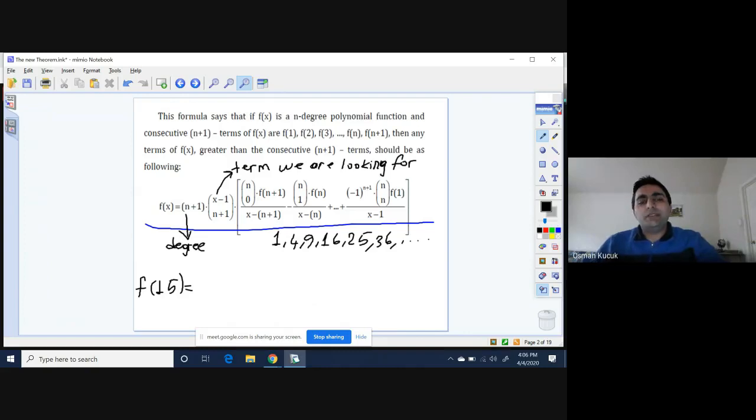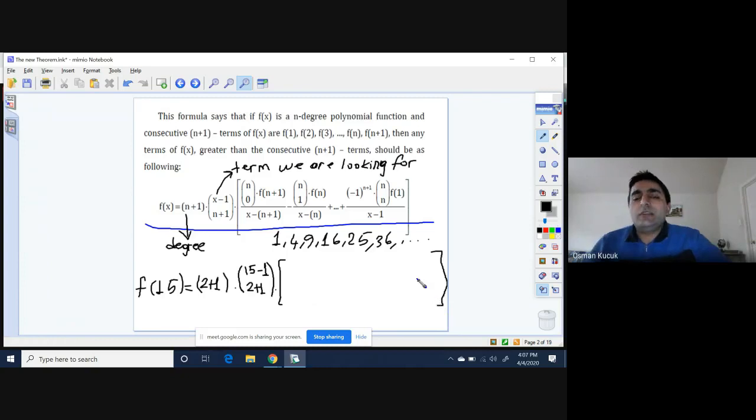F of 15 is equal to, since the perfect squares are forming a quadratic sequence, we need to substitute 2 for n. So 2 plus 1 times, we are looking for the 15th term, so we need to substitute 15 for x. 15 minus 1 combinations of 2 plus 1 times the parentheses.